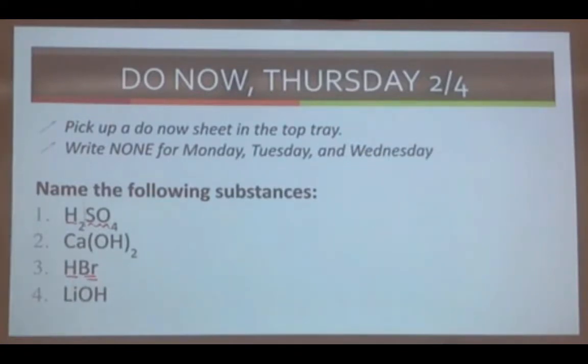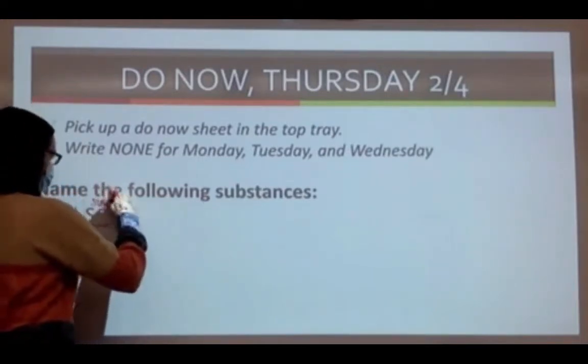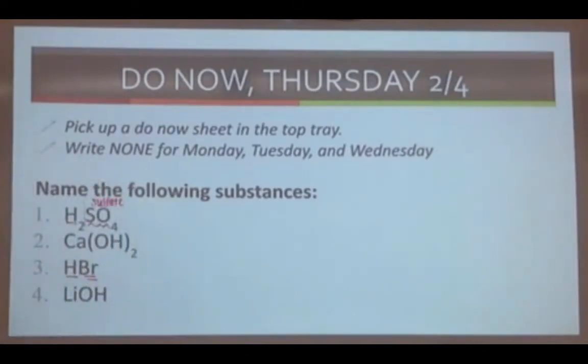So, SO4 is what polyatomic ion? Sulfate. All right, so SO4 is sulfate. When you name an acid with a polyatomic ion, you change the ending and then you add acid at the end.